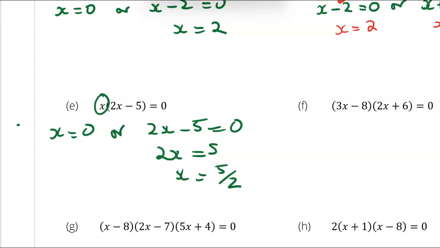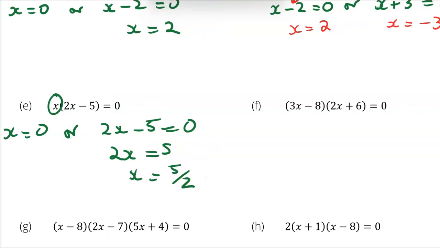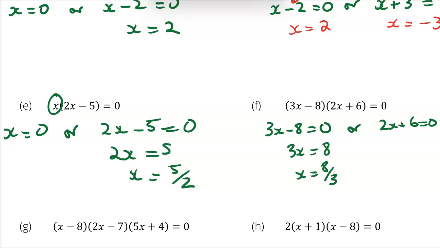You haven't really done this before. And then f is a bit trickier still because you've got two equations within the equation. Either that first bracket is 0 or the second bracket is 0. Either way, we've got two options for x.